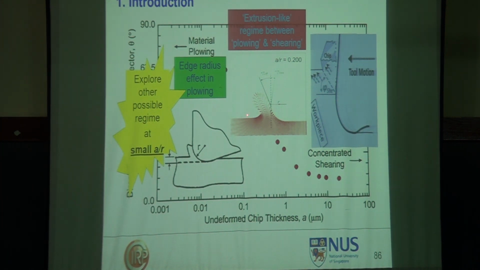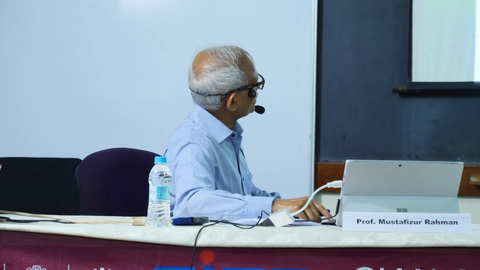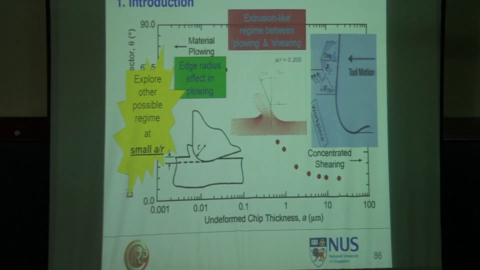In between, what is going on is concentrated shearing, and when the chip thickness is small, we get the extrusion. This is already established. Then he wanted to explore other possibilities at this a by r, on top of a by r. Extrusion-like mechanism was established.